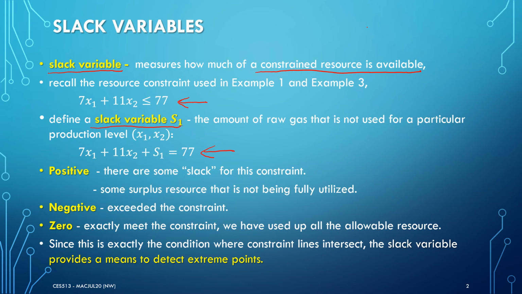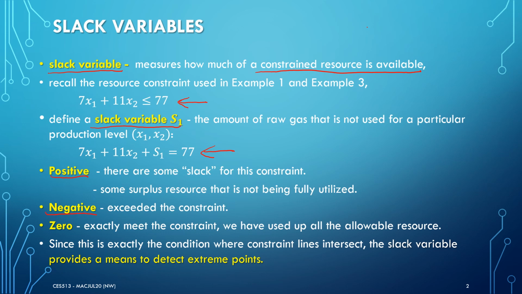Now, recognize what the slack variable can tell us. If the slack variable is positive, it means that we have some slack for this constraint. That is, we have some surplus resource that is not being fully utilized. If the slack is negative, it tells us that we have exceeded the constraint.